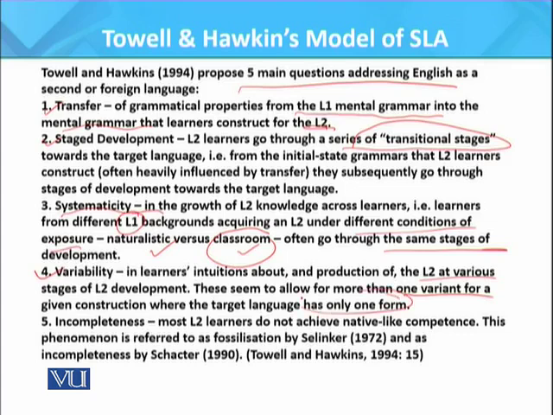Incompleteness is the fifth question, which relates to fossilization. That incompleteness is where the forms are not developed and they are fossilized, whereby they remain incomplete. So the term used by Towle and Hawkins is incompleteness.